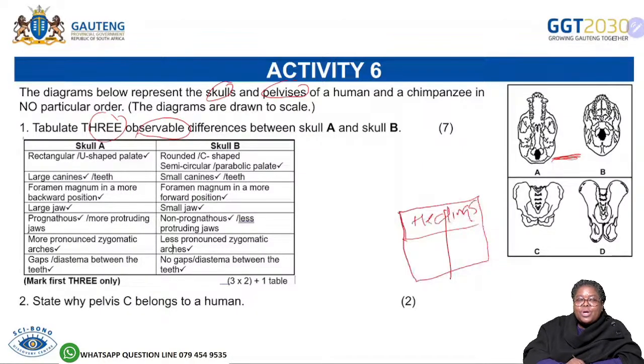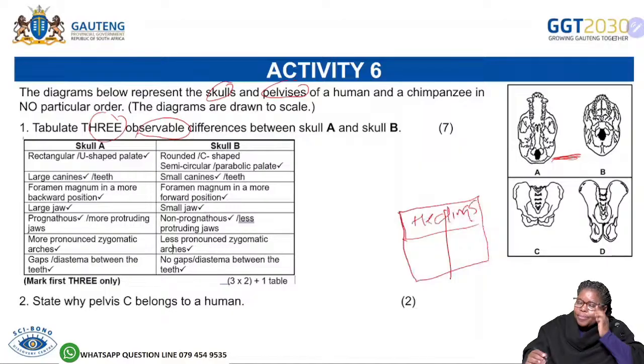Right. Now let's look at those differences between the two skulls. Remember, it's 7 marks. 1 is for a table. It must be a good table. Then the 6 marks, obviously we're going to expect what? 3 differences, right? When you talk about the banana on the right, talk about the banana on the left. Don't talk about the banana on this side, then on the other side talk about the apple, right?